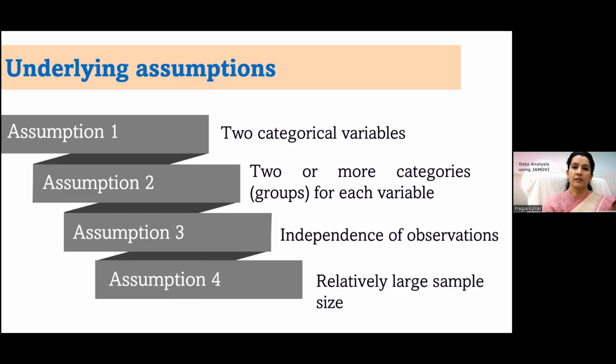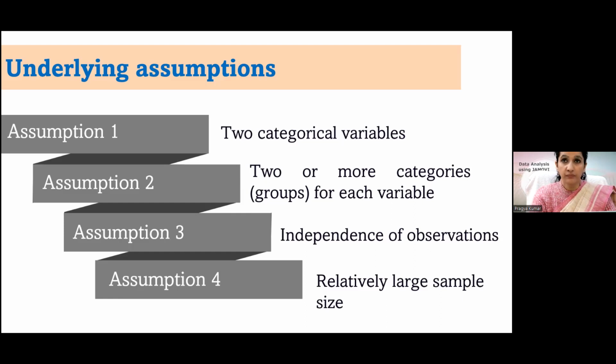And then it should have a relatively large sample size. Because there are certain corrections. We will see that there is a Yates continuity correction and there is a Fisher exact test. All those corrections you need to apply if there is a small sample size. So one assumption is that it should have a relatively large sample size.